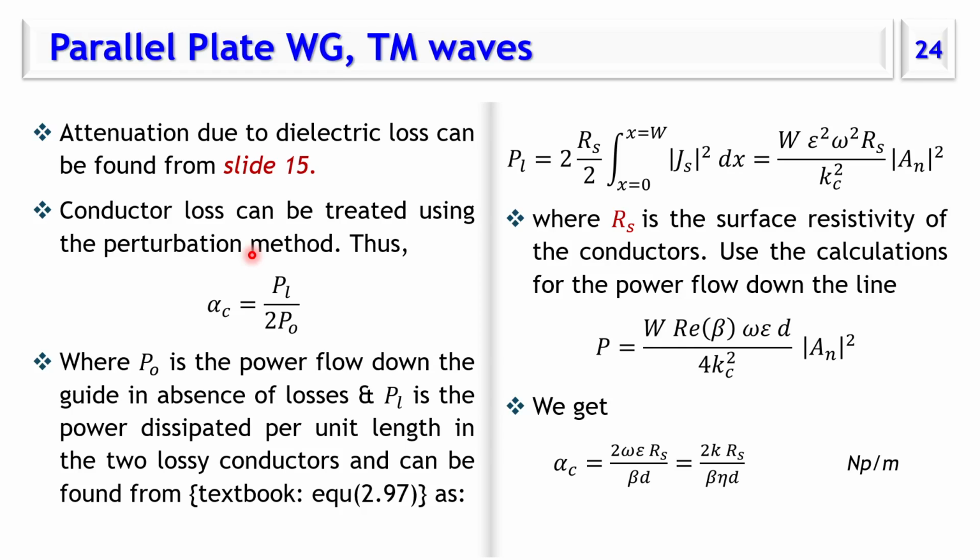In this case, if we calculate R S and substitute to find P L, and substitute back in this expression, we'll find that alpha C equals this expression. You can review the derivation in the book, and also we'll have one problem in the homework to do similar analysis.